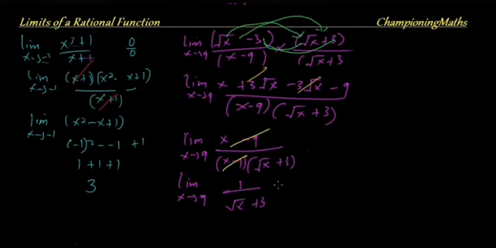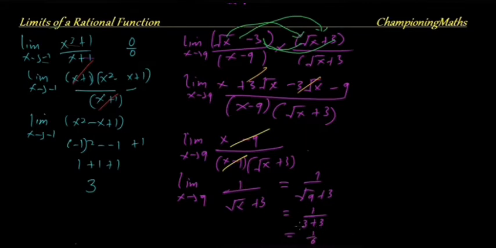Now we can plug in the value for x, that is 9, which will give us 1 over square root of 9 plus 3. This is going to be 1 over 3 plus 3. And so our answer for the limit is going to be 1 over 6.